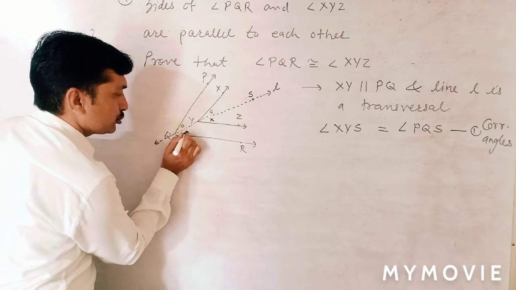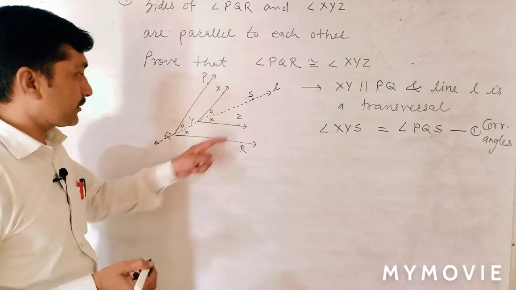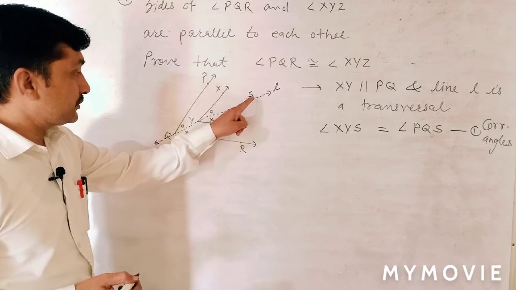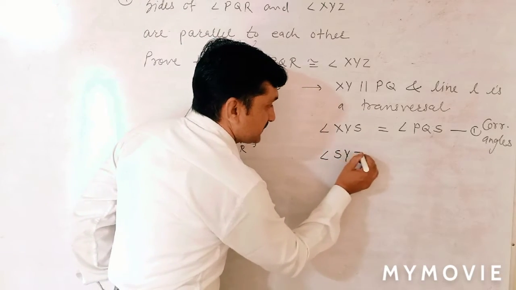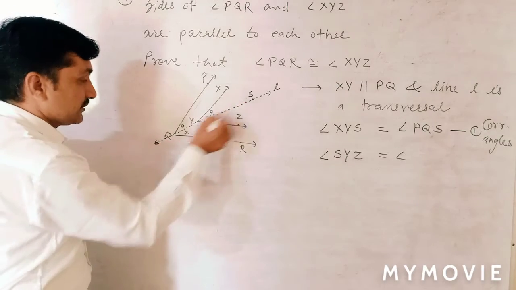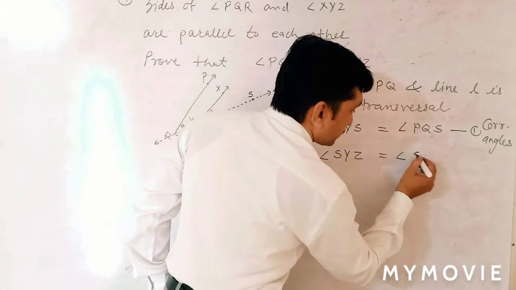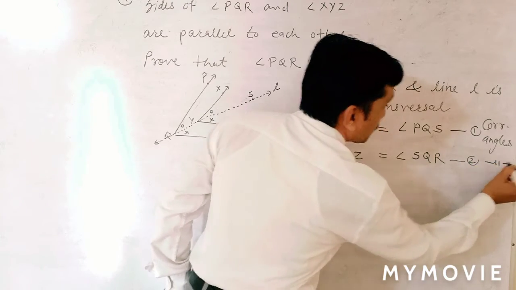This angle is congruent to this also. They are also corresponding. What is the name? Angle SYZ is equal to angle, what is the name of this, SQR. SQR, number 2. These are also corresponding angles.